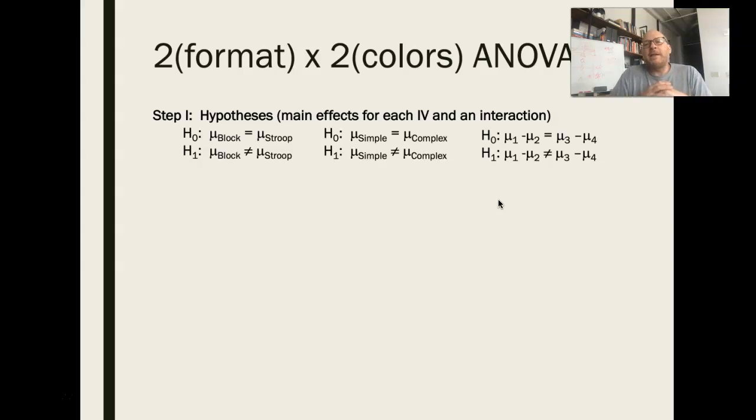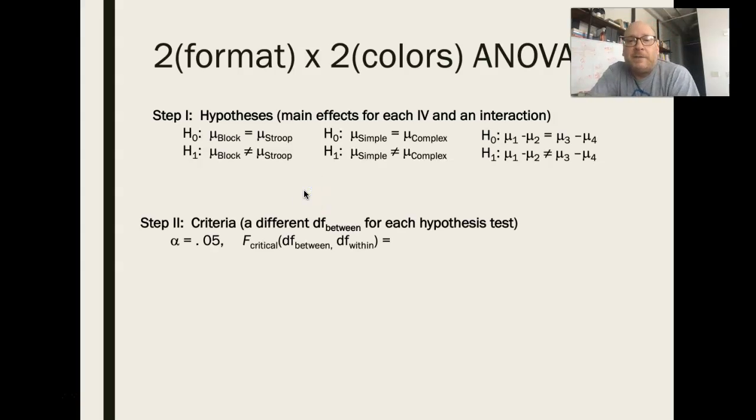So the null hypothesis says that the difference between block and Stroop will be the same for the simple color condition as it is for the complex condition. Okay? In other words, don't think of that as an equation, just think of that as saying the difference between block and Stroop on the top row and the difference between block and Stroop on the bottom row. All right, so all null hypotheses say there's no difference or no change or anything like that. So hopefully you're pretty familiar with those.